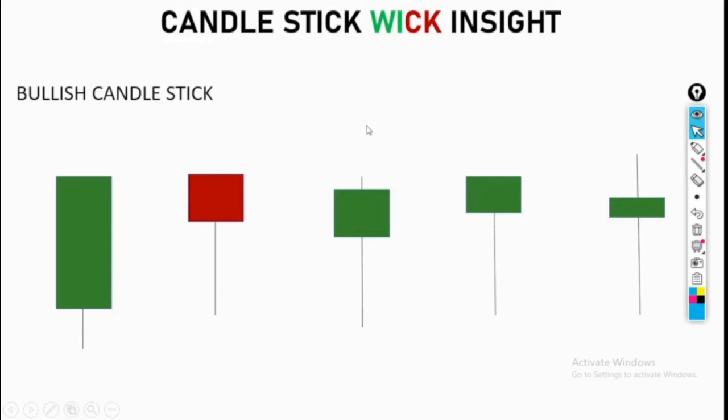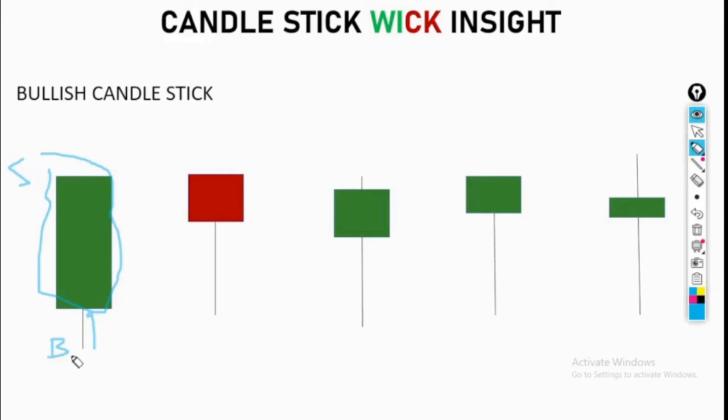So in this slide we are looking at bullish candlesticks, and if we look at it properly, we can see that this candlestick is a big green candle, which is showing us that buyers are stepping into the market. And if you look below this candlestick, there is a wick below it. And remember, in the first slide we said down here is the buyers and up here is the sellers.